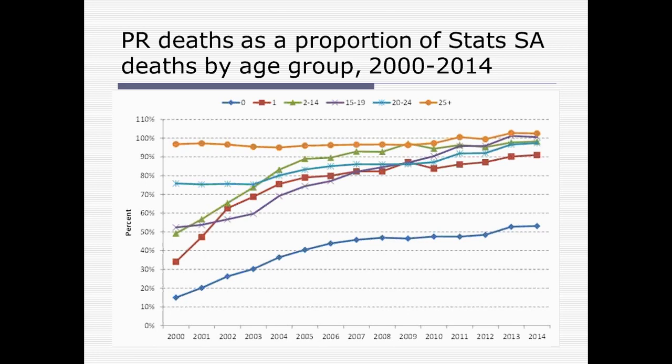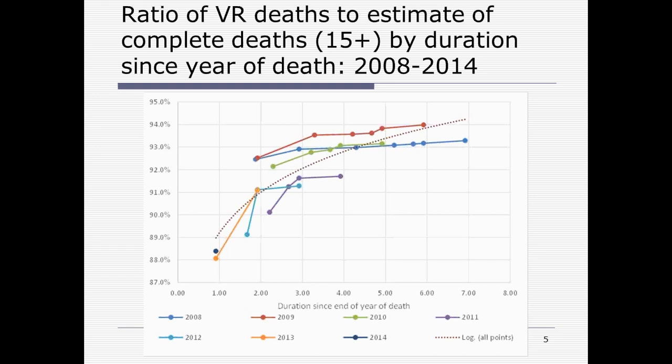And so that's one of the benefits that arises from having a population register, is that it can highlight when something's going wrong with the vital registration capturing of the death. On this slide, what we're looking at here is taking our estimate of what we think is the true number of births, and hence the implied completeness of vital registration.